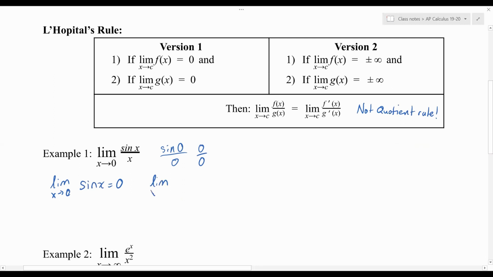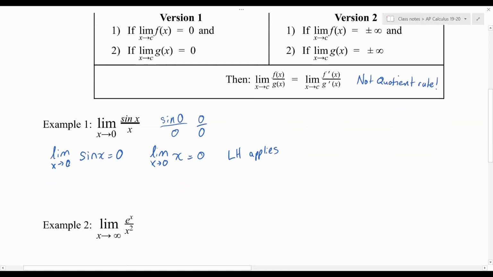And the limit as x approaches 0 of the bottom function, x, when we plug in, we get 0. So we can say L'Hopital's rule applies. We can take the derivative of each part, and that will be equal to the limit.